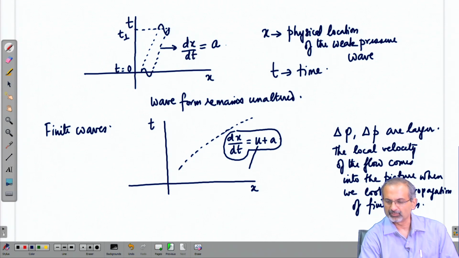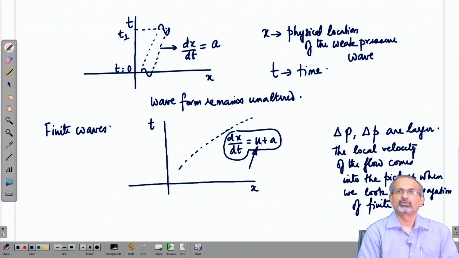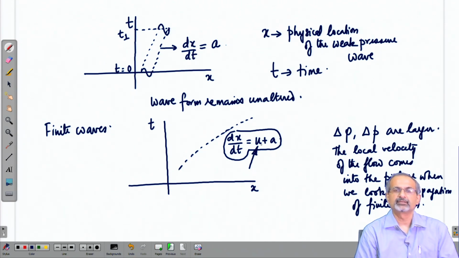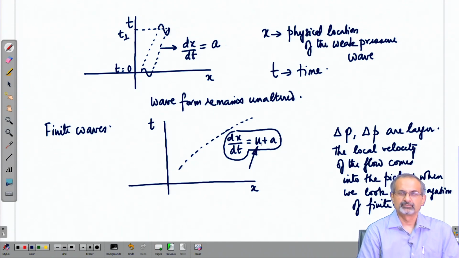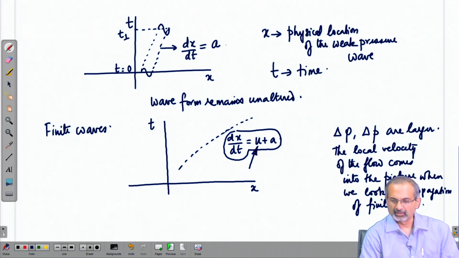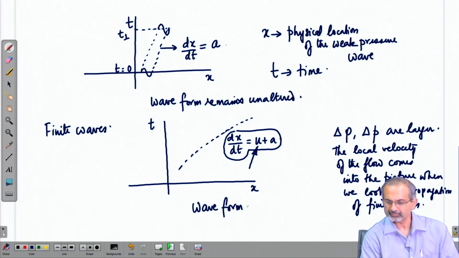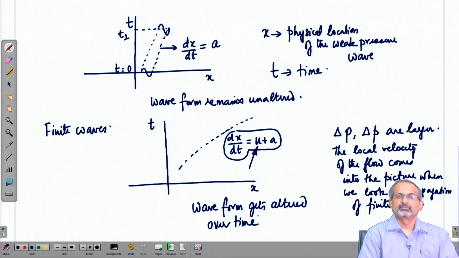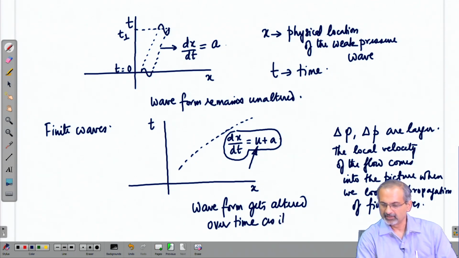That means the wave is strong enough to also alter and influence the flow velocity. Additionally, the waveform gets altered over time as it propagates through the domain.